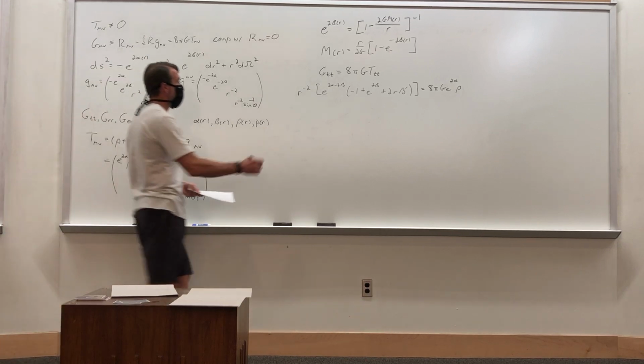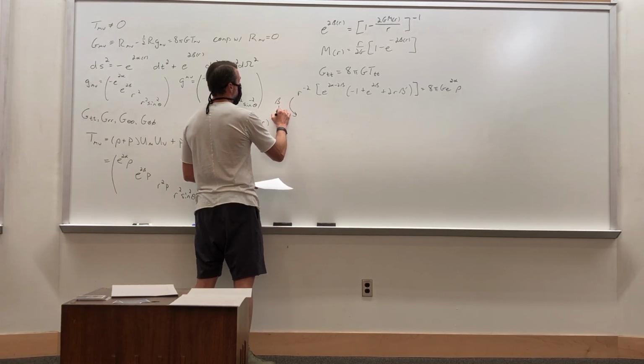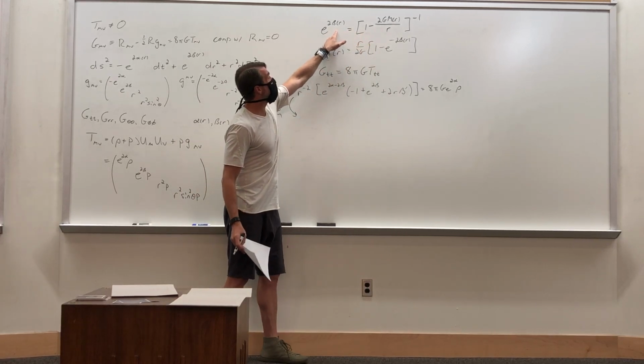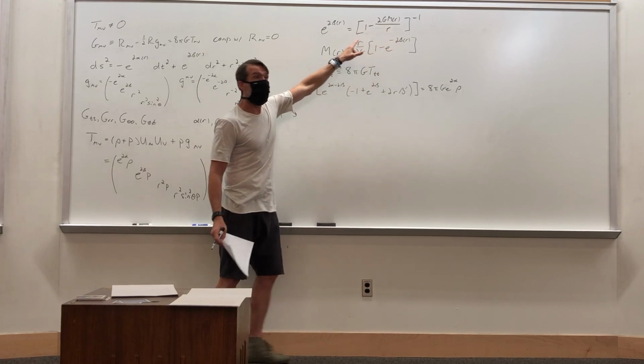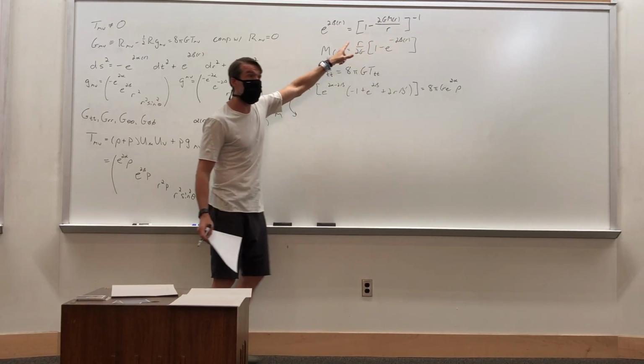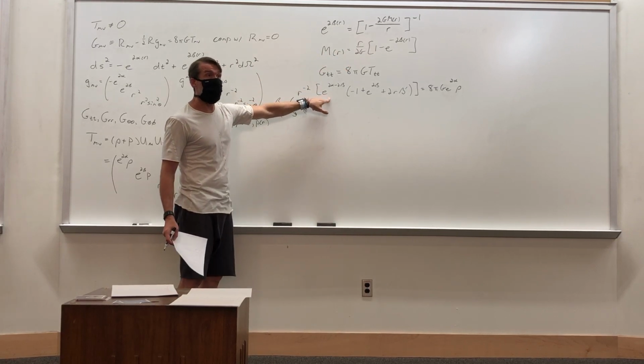However, what we can do is replace beta with m. Notice this has two unknown functions. It has beta and it has m. We can swap out beta as an unknown function for m as an unknown function. So let's do that here.